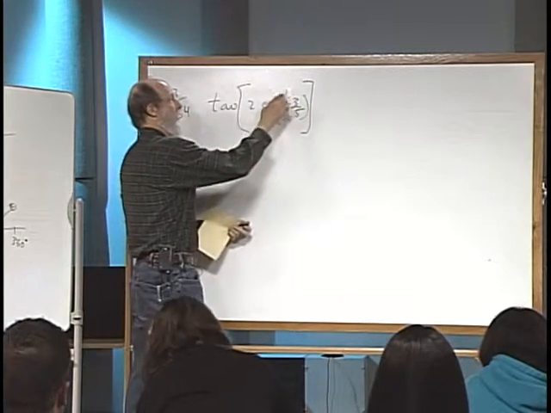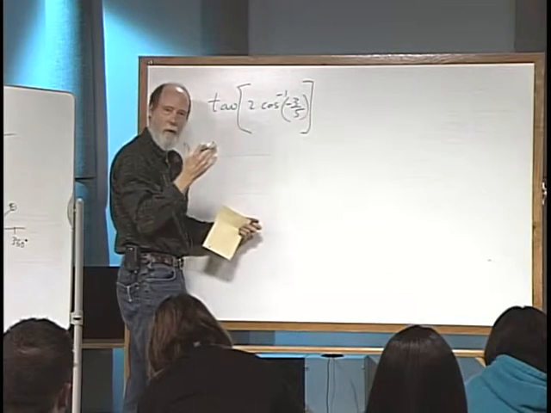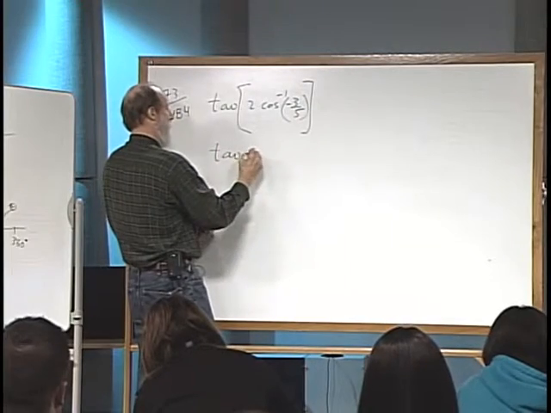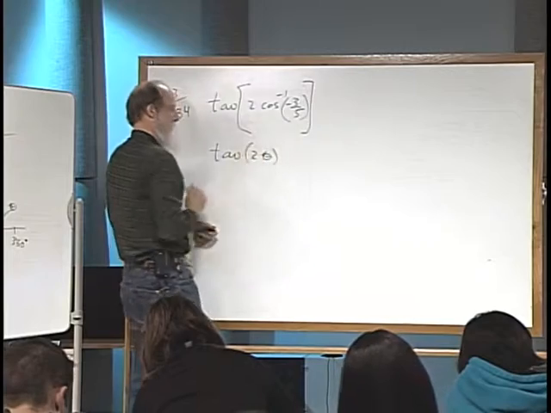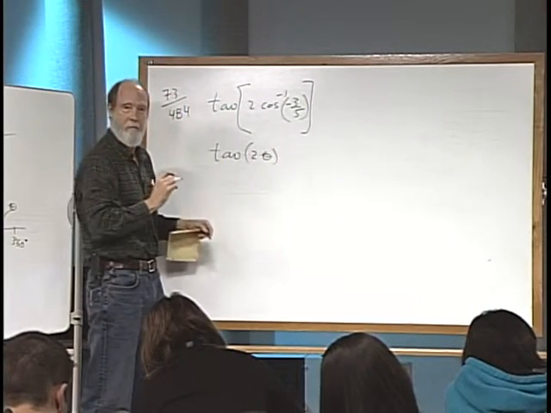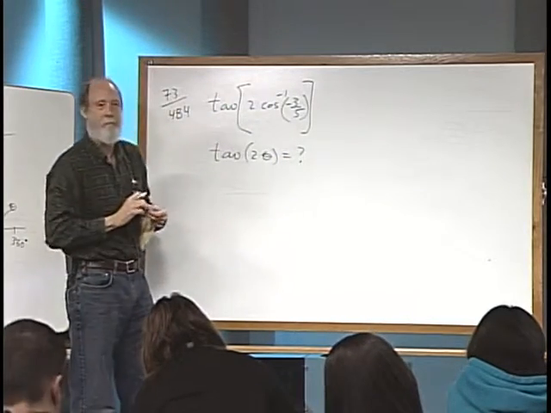This inverse cosine right here of negative 3/5, think of it as a what? An angle. Think of it as an angle, okay? So what you've really got going on here is trying to figure out the tangent of twice that angle. That's what we're looking for.